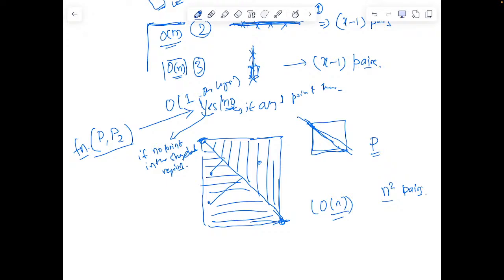My God. Okay, so there are n square pairs, right?